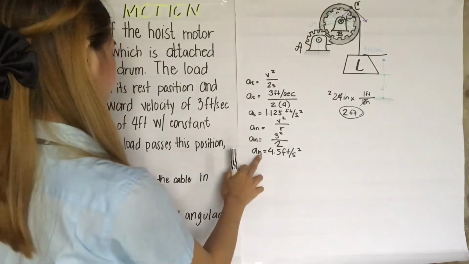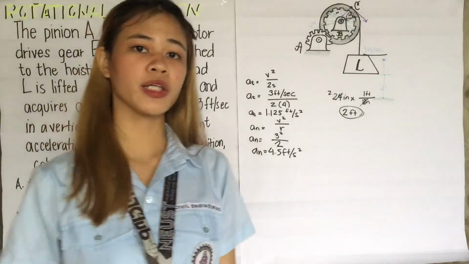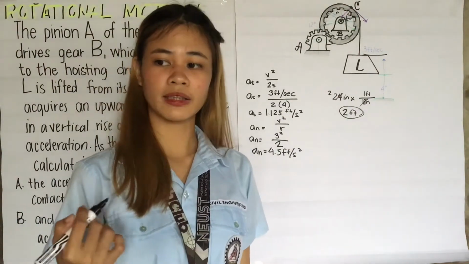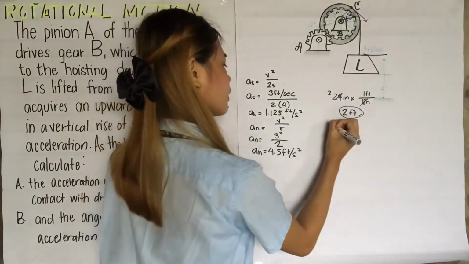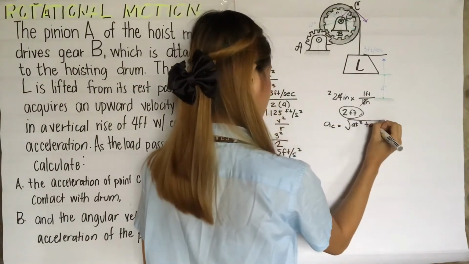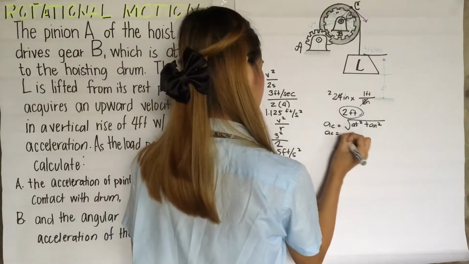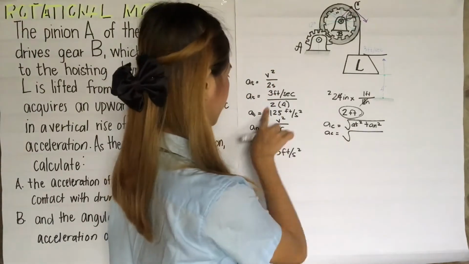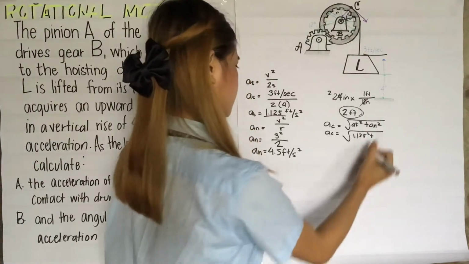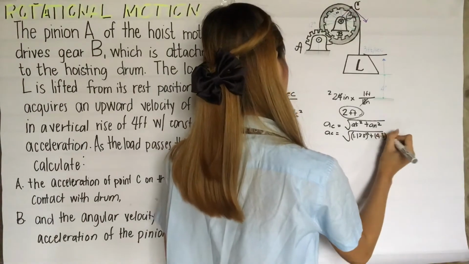We have not yet gotten the acceleration at point C. How can we get it? We can get it through the Pythagorean theorem. We have A_C equals the square root of A_T squared plus A_N squared. So, our A_C is the square root of 1.125 squared plus 4.5 squared.